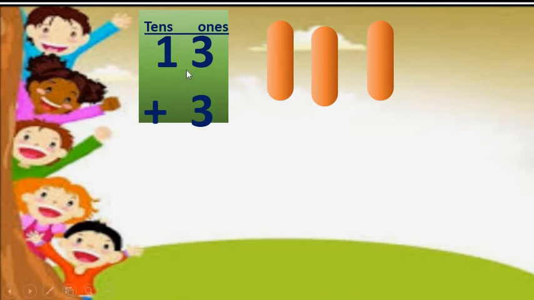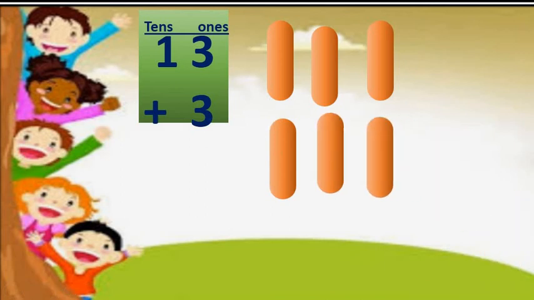The sum is 13 plus 3. Here I have drawn only 3 objects. Why? Because 3 stands on 1's place and here is 1 which stands on 10's place. So first of all we have to calculate the sum which is on the 1's place. 3 plus 3. 1, 2, 3.